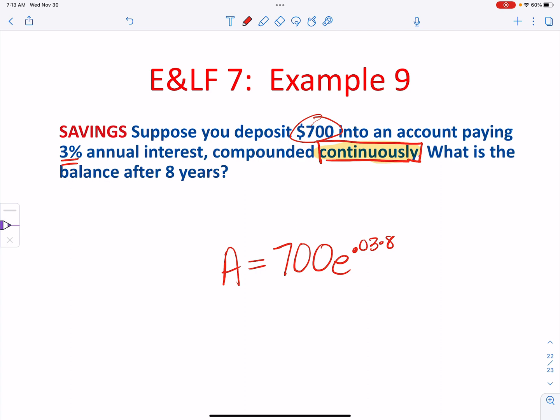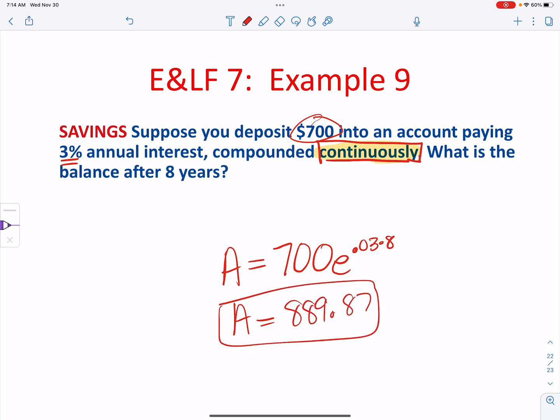So I'm going to put that in my calculator. And then times 700. So I got $889.87.